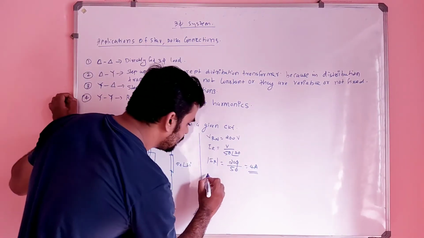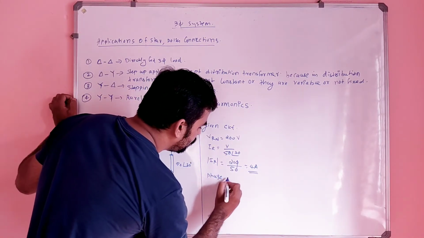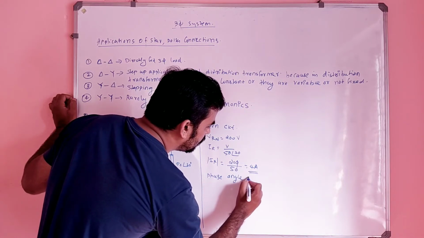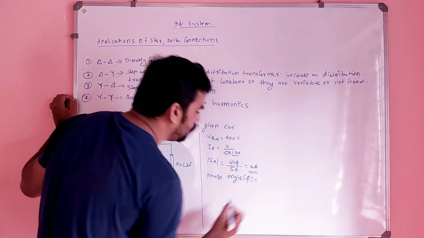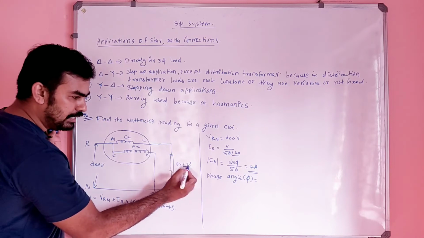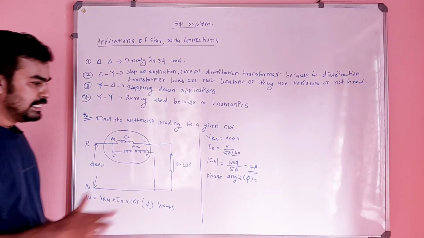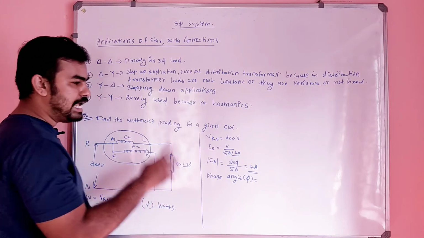And what is phi here? The phase angle. It is given in the load itself. The nature of the load is 50 angle 30.